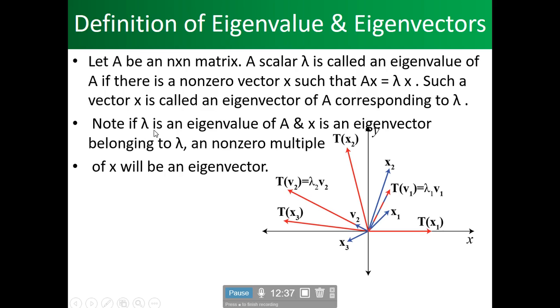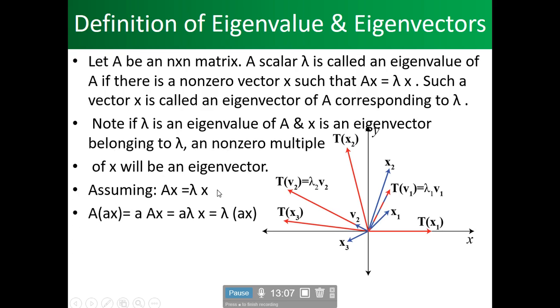Okay, note, if lambda is an eigenvalue of A and x is an eigenvector belonging to lambda, any non-zero multiple of x will be an eigenvector. So we're not using any multiple that's non-zero. We're not using 0. Okay, so assume that Ax equals lambda x.